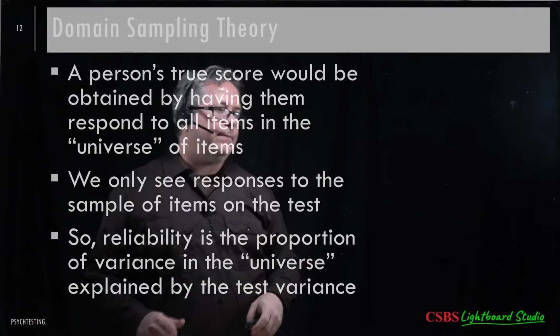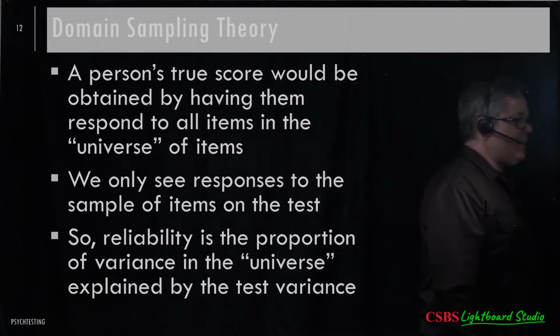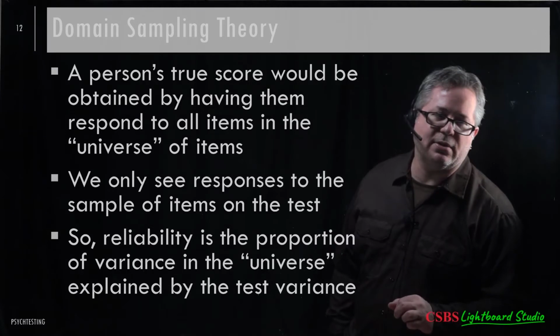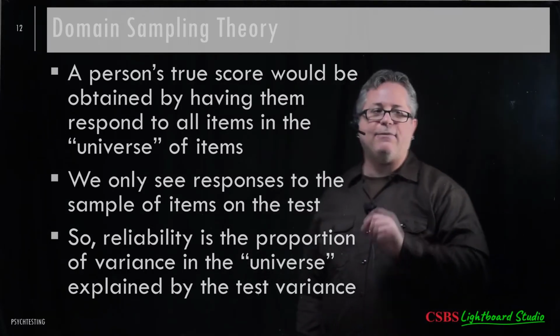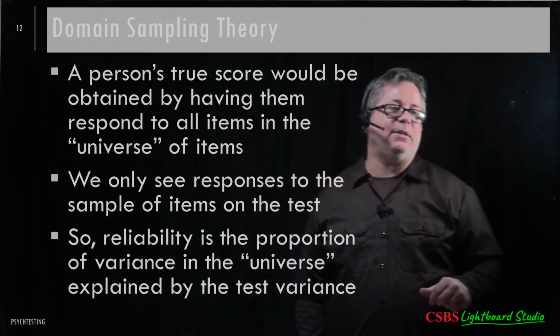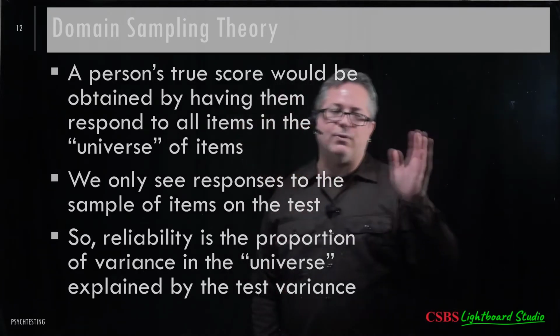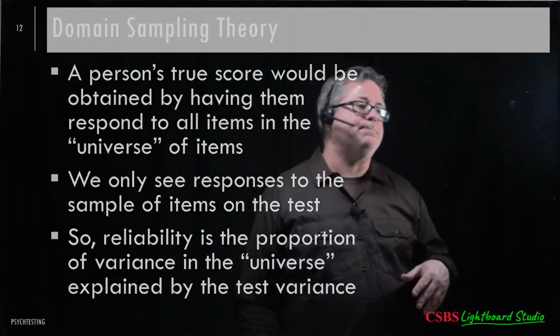All right. Okay, so to tie the domain sampling theory and true score back together, a person's true score could be obtained if you had them respond to every single item in the universe of items. So you have a domain, it's got an infinite number of questions. Let's say for the sake of argument, it's just a large number, like 10,000 questions or something.